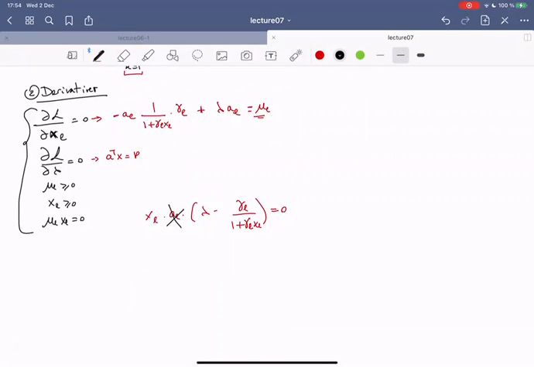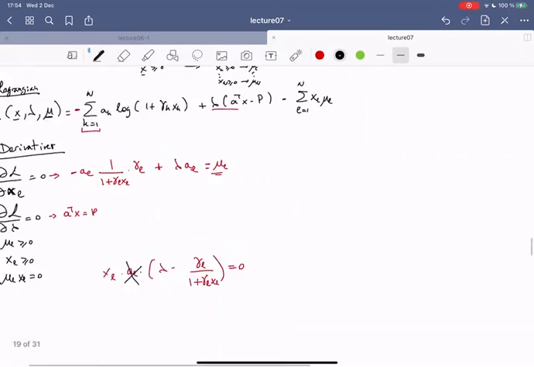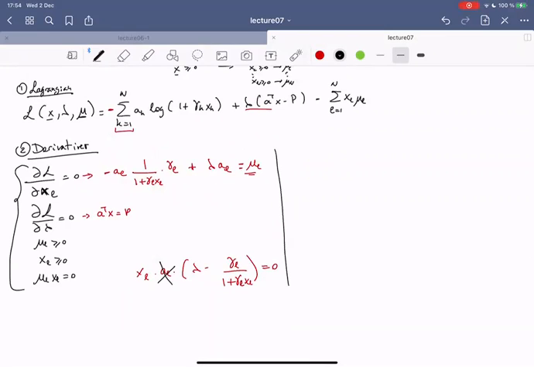Okay, then I would end up with a new system of equations where A transpose x is equal to P, mu_l is greater or equal than 0, x_l is greater or equal than 0, x_l times (lambda minus gamma_l over 1 plus gamma_l x_l) is equal to 0.